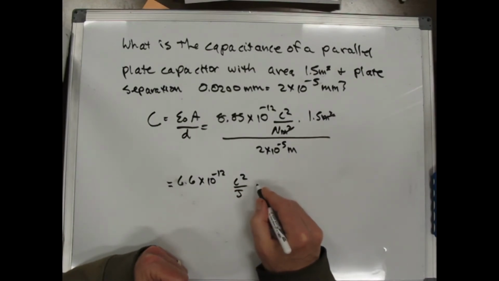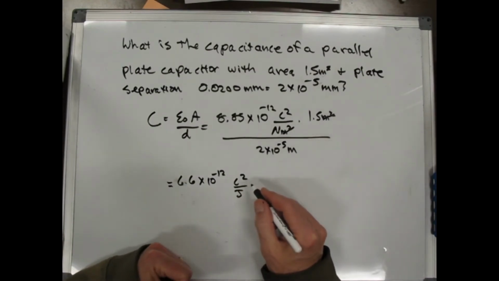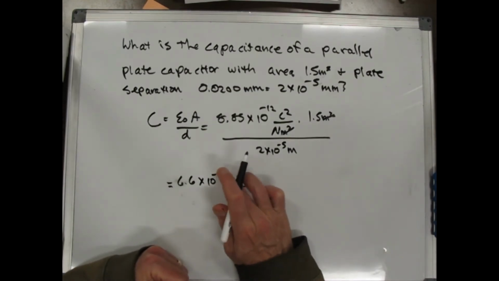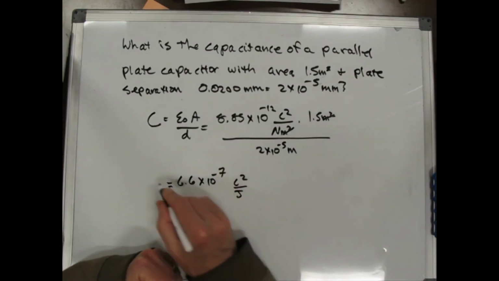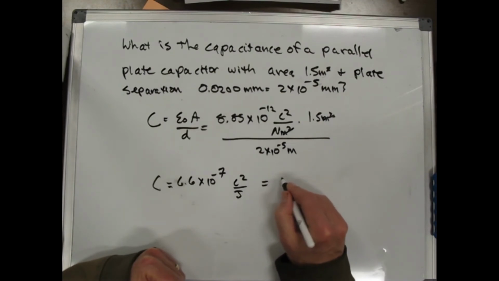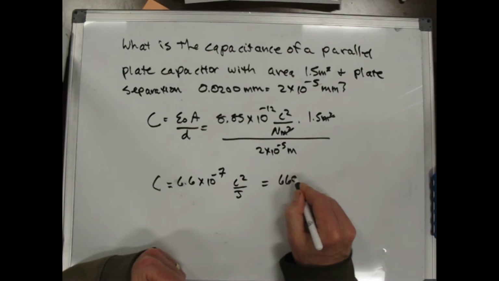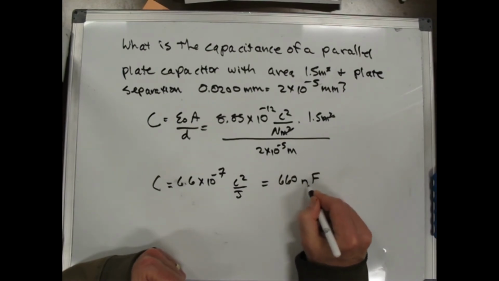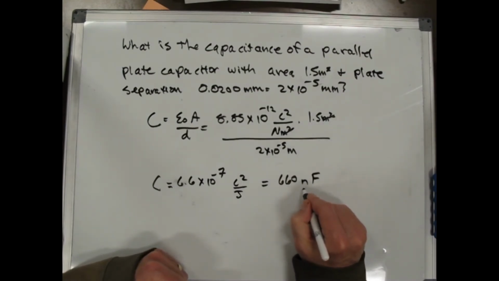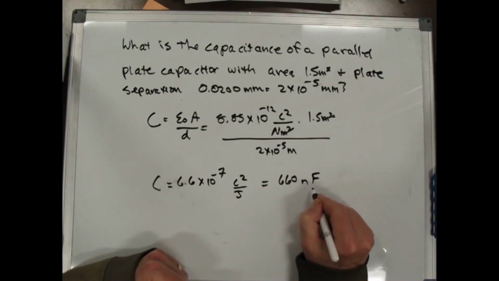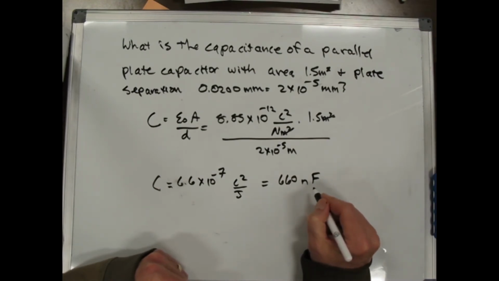And so I get Coulomb squared per joule. It's not 6.6, it's 6.6 times 10 to the minus 7. And so that's 660 nanofarads, right? Nano is 10 to the minus 9. And so it's 660 nanofarads.